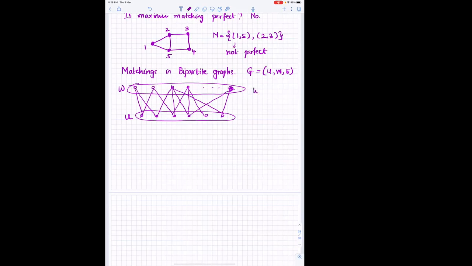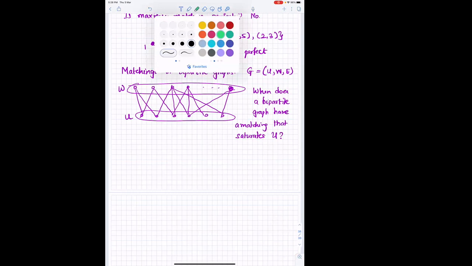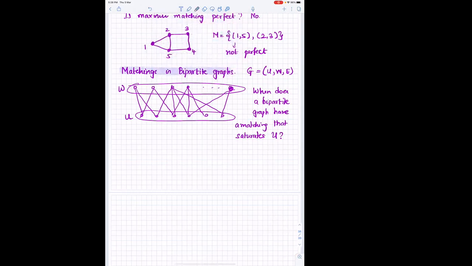So the question is, when does a bipartite graph have a matching that saturates U? Is the question clear? This is the question that we will study in the rest of the lecture. If you haven't understood any concept until now, you have to ask questions.